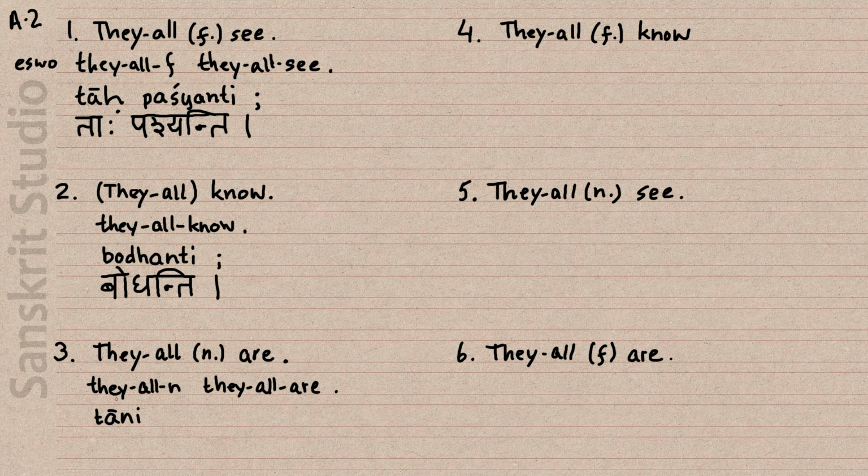So we have third person they, we have all, which indicates plural, and then we have the N that signifies neuter. So now they all are, and we know we want bhavati, but the right form is bhavanti in this case, since we're looking at the plural.